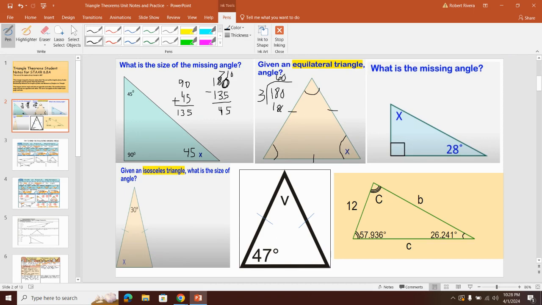Now this is one that we should just memorize. If I would ever give you an equilateral triangle, you should already quickly know that this has to be 60 degrees. I forgot the degree symbol here. 60 degrees and 60 degrees.